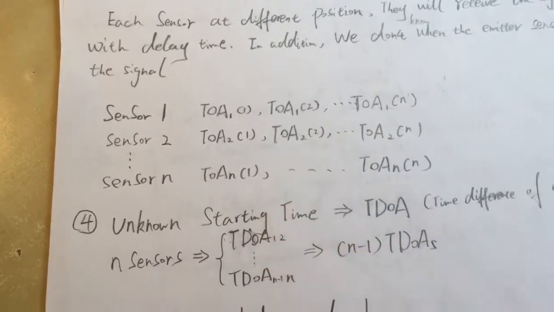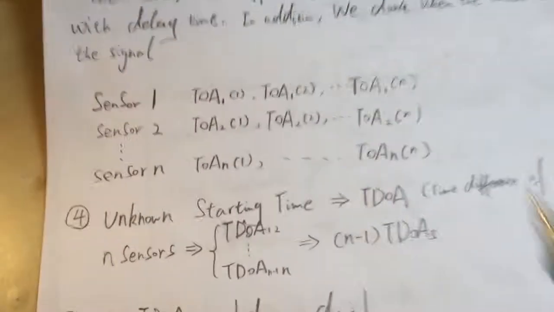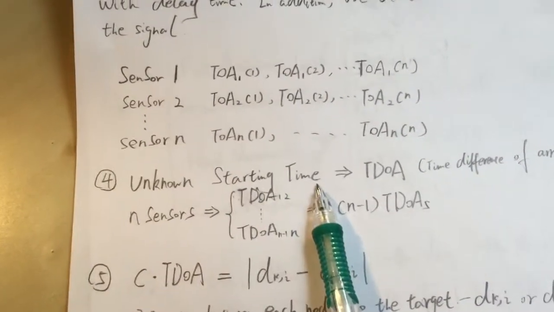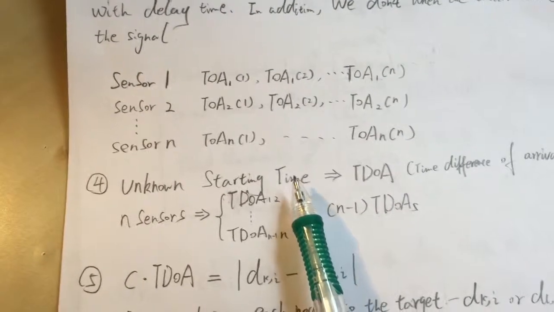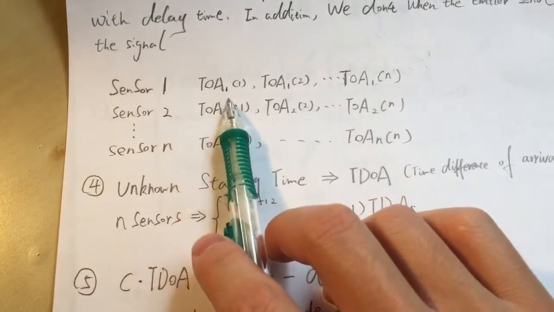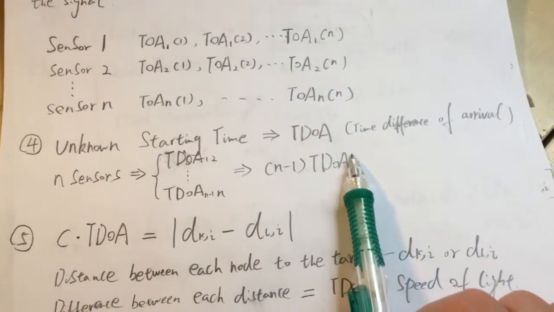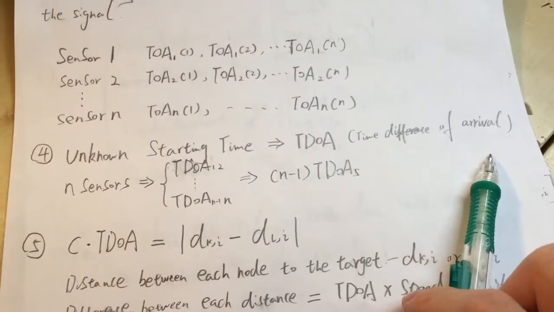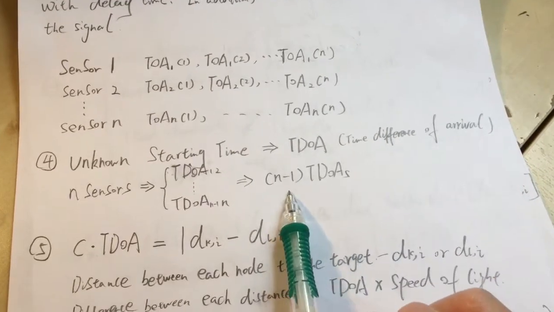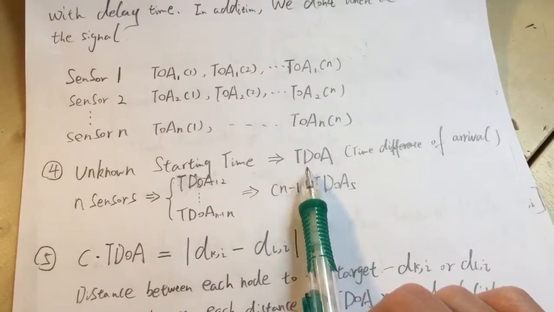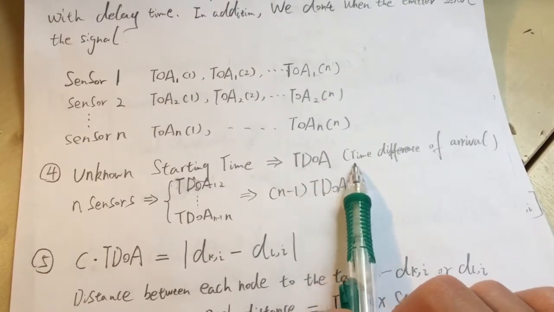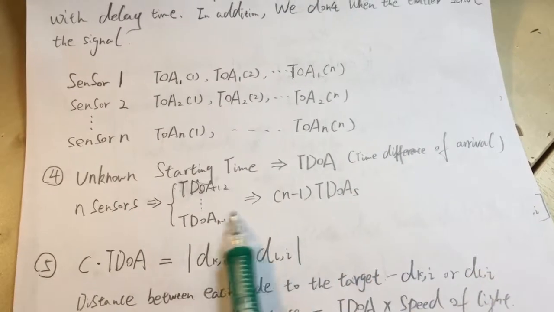Because we don't know the starting time, we cannot directly use the TOA 1, 2. So we're using another method, which is time difference of arrival. It is simply the time of arrival minus the previous time of arrival.